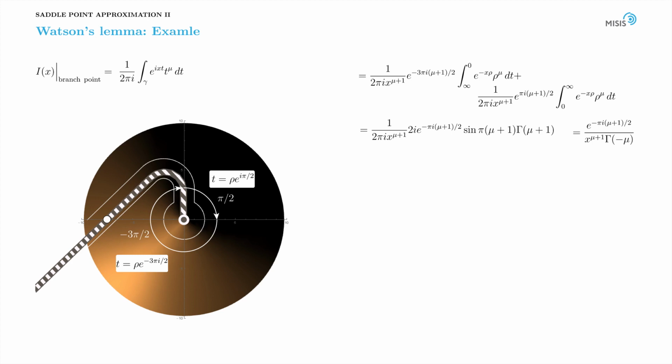Next, we compute the contribution from the saddle. Fortunately, this is almost trivial. The contribution comes from two banks of the branch cut. The argument of t on the lower bank is simply minus pi, and on the upper bank is pi.